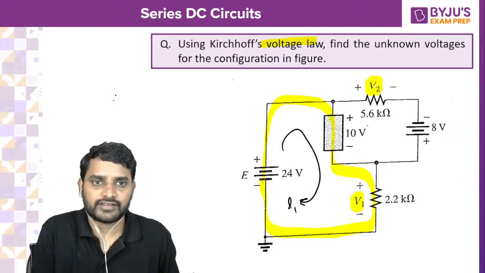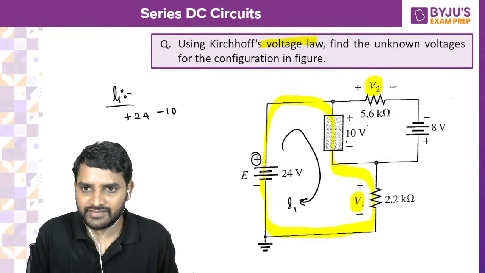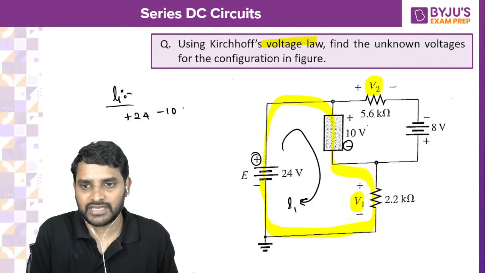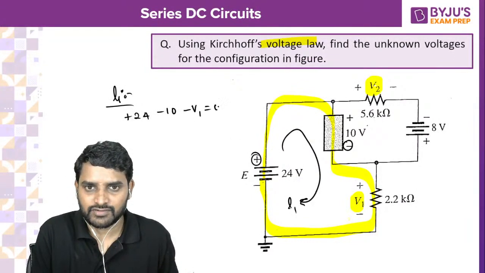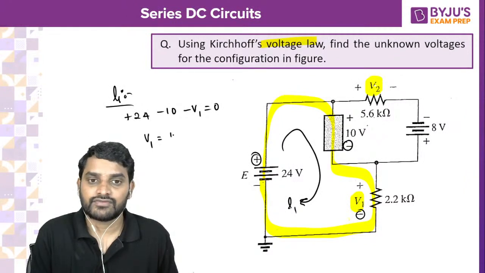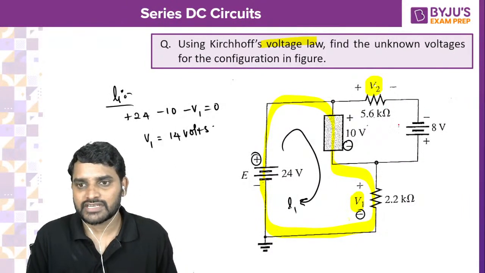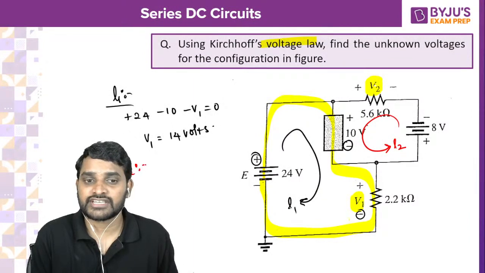So loop 1. Plus 24 minus 10. I am considering all leaving polarities. You can consider all entering polarities also. Minus 10 minus V1 is equal to 0. So V1 is equals to 14 volts. Now can you tell me what is V2? You can take up anti-clockwise.